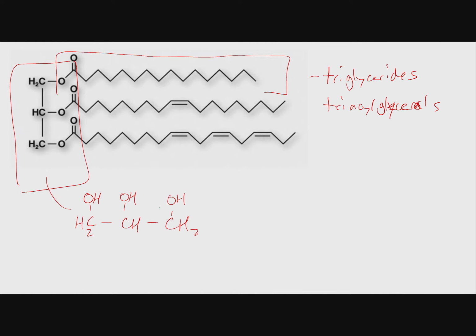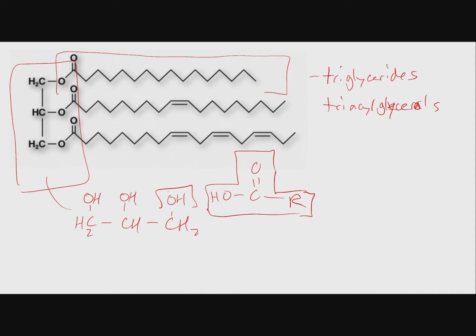Okay, so a little bit about the reaction that happens here. This is an ester reaction, so an esterification that happens between an alcohol and a carboxylic acid, and this being the rest of the fatty acid.